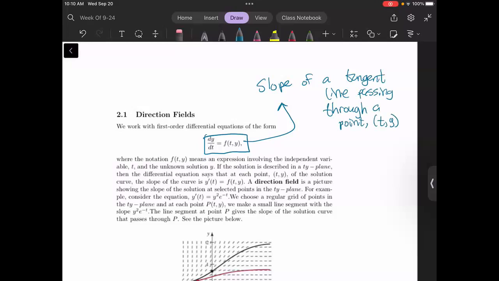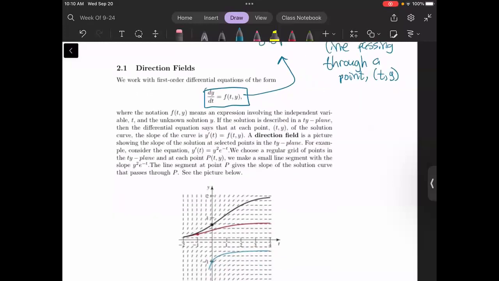So t is the independent variable and y of t is just a function depending on t. What this says is that at each point (t, y) of the solution curve, the slope of the tangent line at that curve is just y prime of t equals f of t, y.